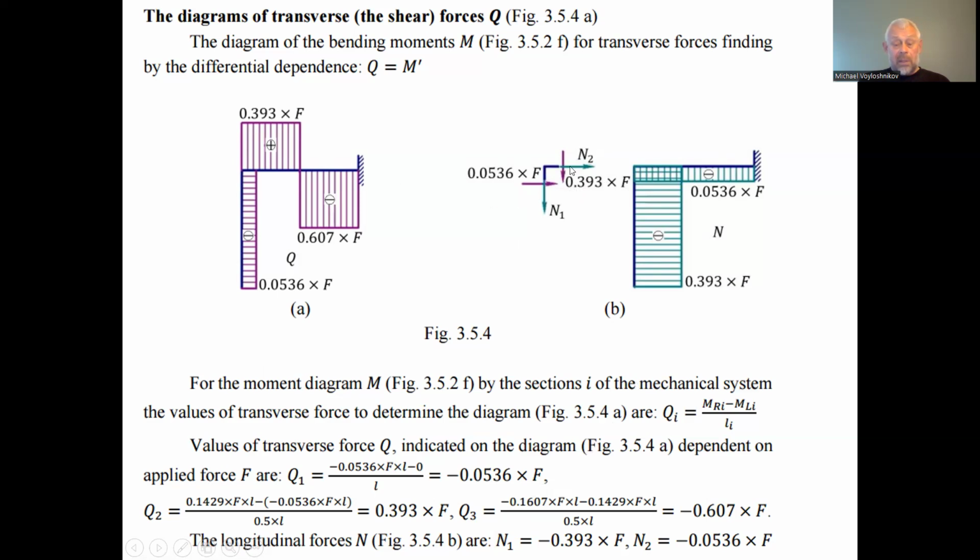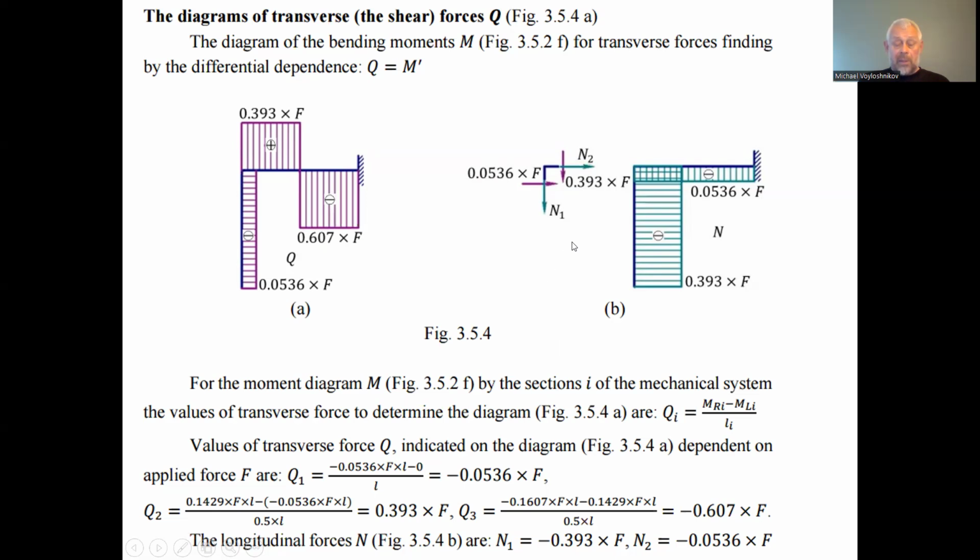One force is directed counterclockwise, 0.393 multiplied by F, and the other force, directed from left to right, is 0.0536 multiplied by F. We also have two longitudinal forces: in rod number 2 and in rod number 1.